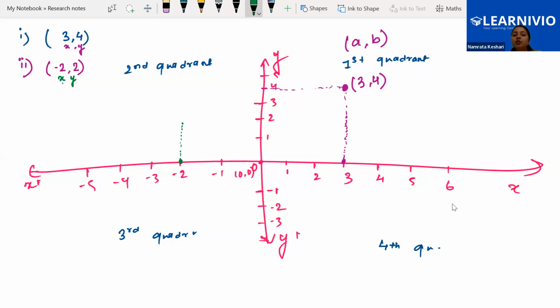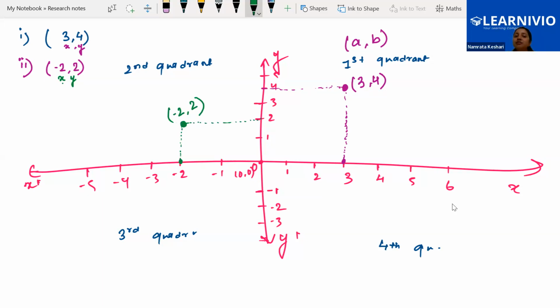In front of 2, we have to stop. So here we will stop. From here, the dotted line must touch the y-axis at 2. Then only we can say this point is x is -2 and y is +2. Can you see this point is lying in the second quadrant?